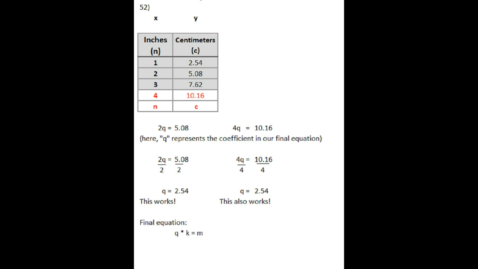So Q times, and pretend that says N and C. 2.54 times N equals our C, and 2.54x equals Y. Okay, so that's how we plug things into our final equation. And see that 2.54 again, that's going to be slope in a very, very short while when we start really graphing equations and really taking some things apart.